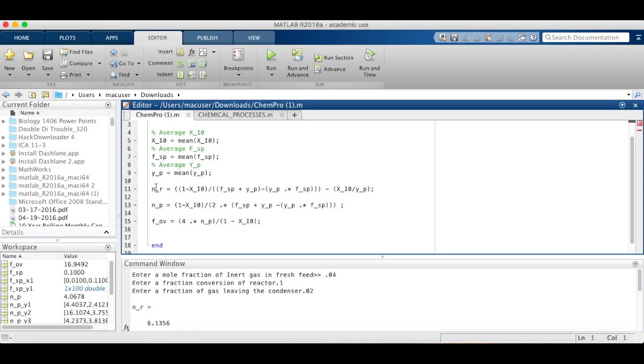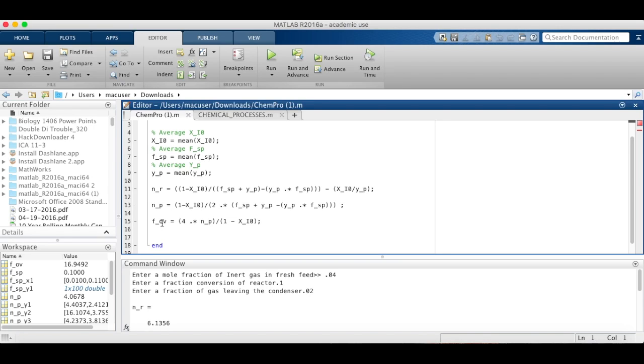That will give us the moles that were fed to the reactor. Moles of ammonia produced will be given by 1 minus X initial naught, divided by 2 times the addition of FSP and YP, subtract that from YP times the FSP.